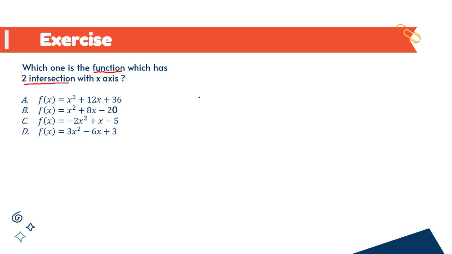So it means D is greater than 0. So D, which is b squared minus 4ac, is greater than 0. We can use this formula to solve the question.